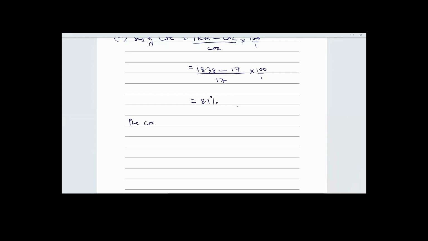The cost of capital should not increase beyond 8.1%. If not, the proposal will not be accepted.